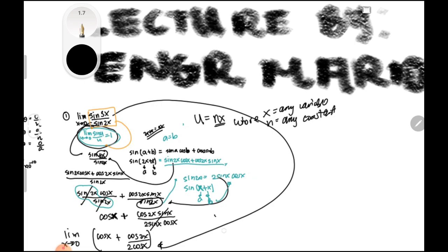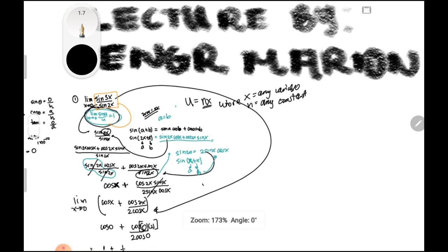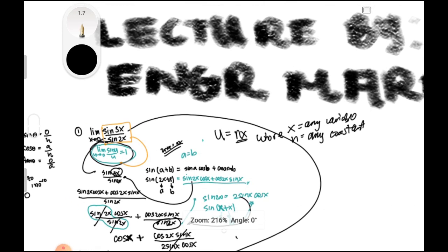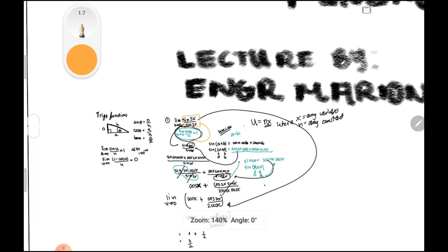Therefore, we may say that sine 3x over sine 2x can be rewritten that way. So how? That is the question. So let's have our solution number 2.